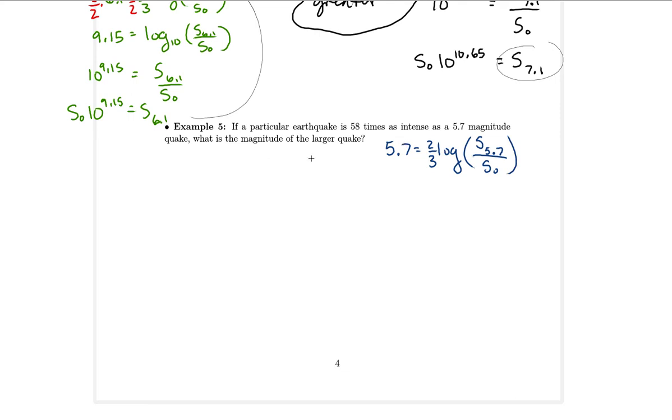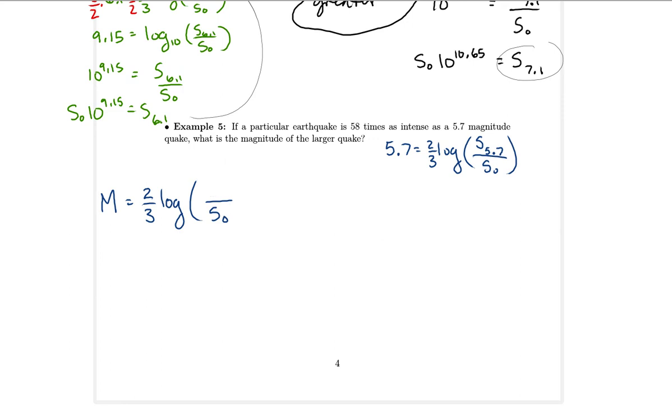Okay, but we're talking about an earthquake 58 times as intense as a 5.7 magnitude earthquake, and we want to know its magnitude. Well, if we want to know its magnitude, we should take 2/3 times the log of its seismic moment over S0. Oops, sorry.